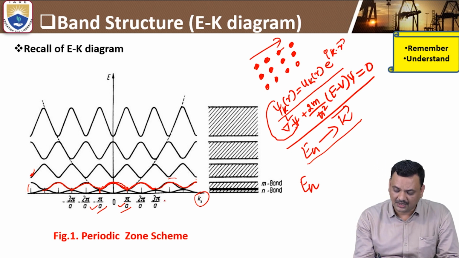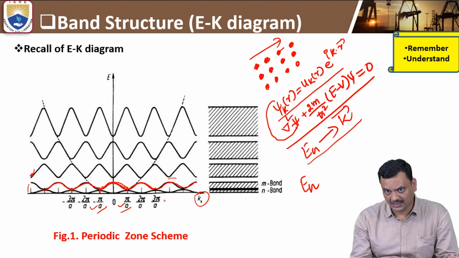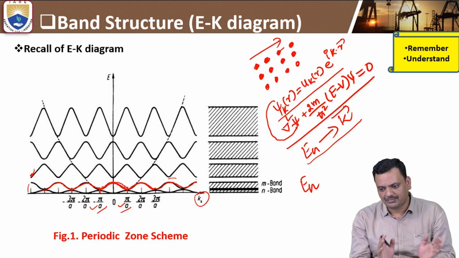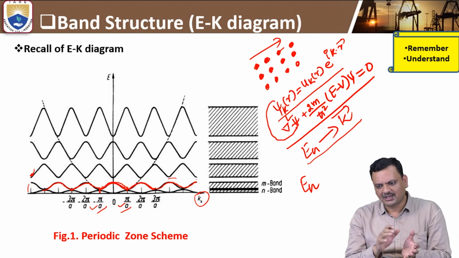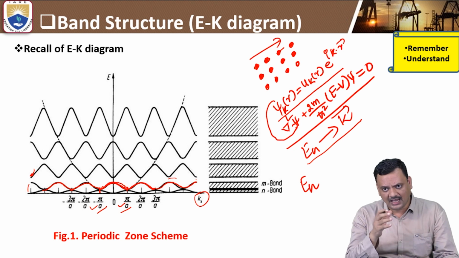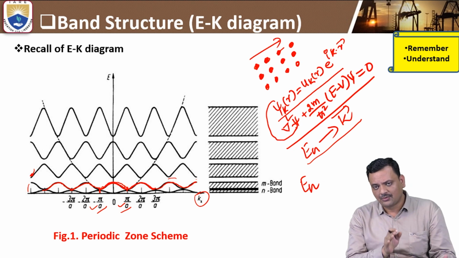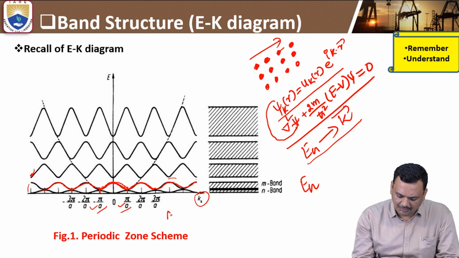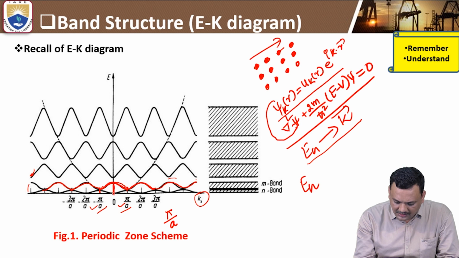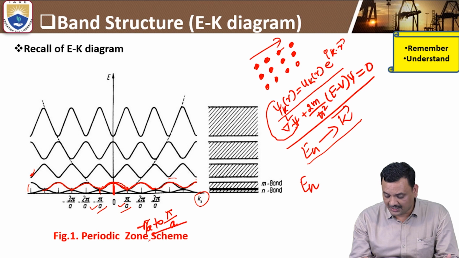So what is your periodicity? What is the period? The period is from minus pi by a to pi by a, and the same pattern will be repeated.